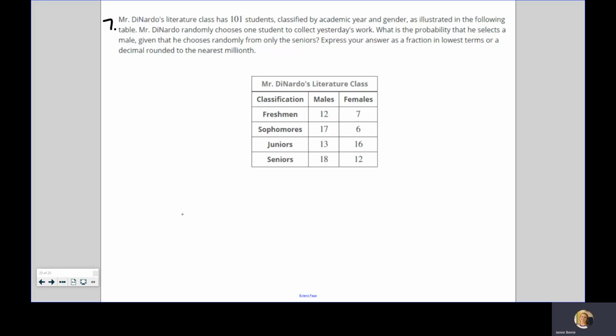So we're looking for the probability that he selects a male given that he picks from only the seniors. He's choosing one student to collect the work, only from the seniors.